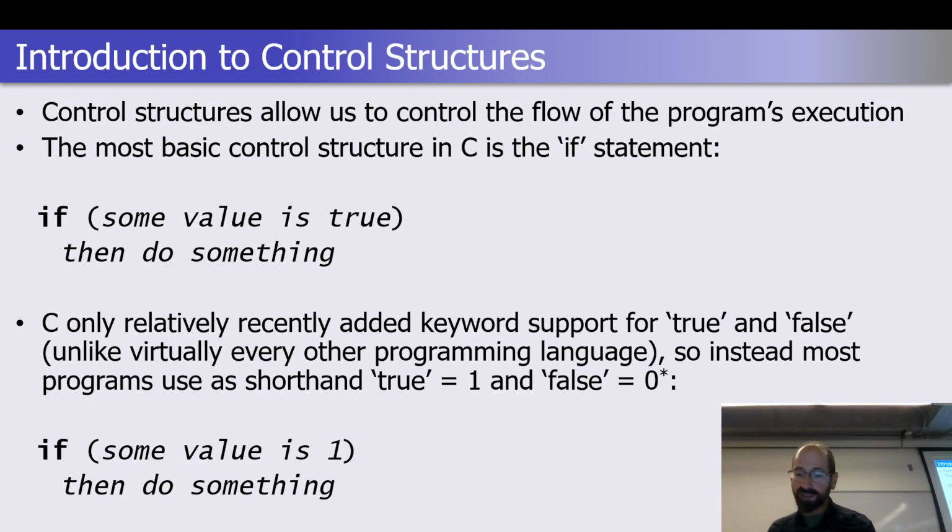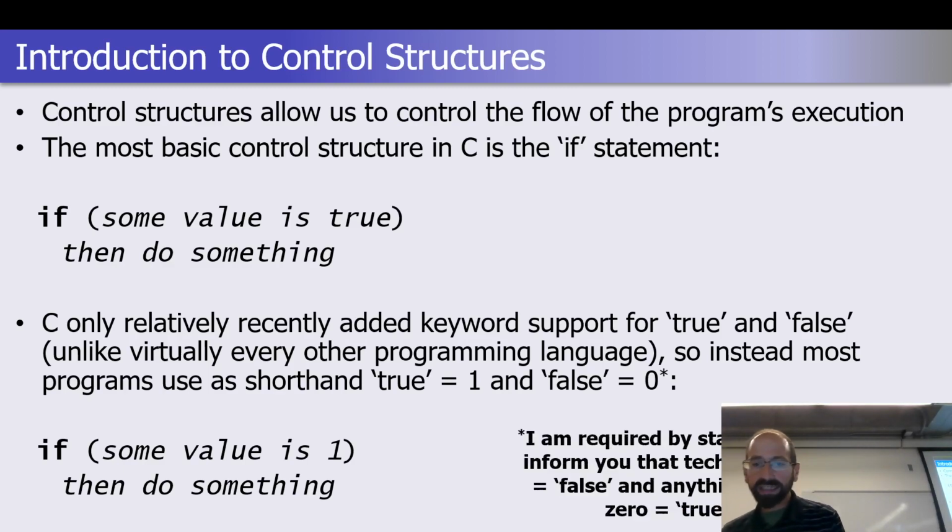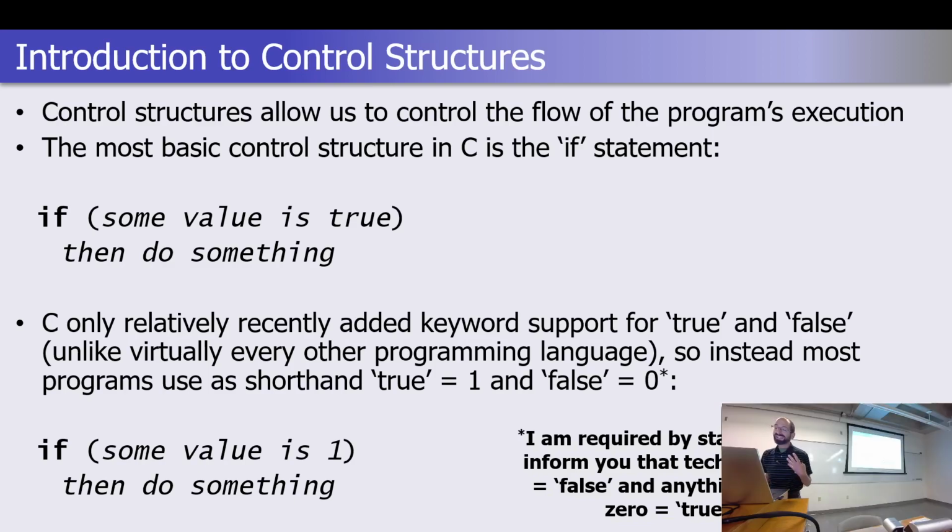I have an asterisk there, a footnote, because it's technically correct. I'm joking here, but I'm required to tell you that technically in C, 0 is false and anything non-zero is true.